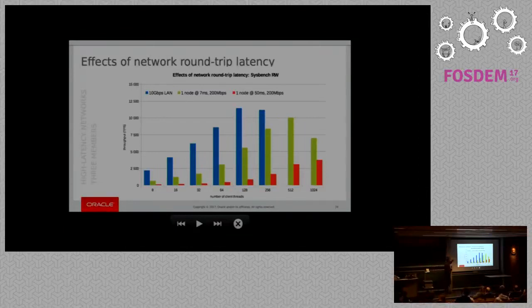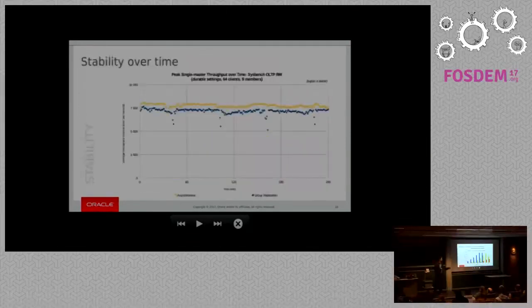But of course, if you put this one node with some delay in a 3 group, of course you'll delay, but then you will compensate that by moving the line to the right. So you will reach a throughput that's higher, but with more threads. And the same with the 50 milliseconds, and that also grows a bit more this way.